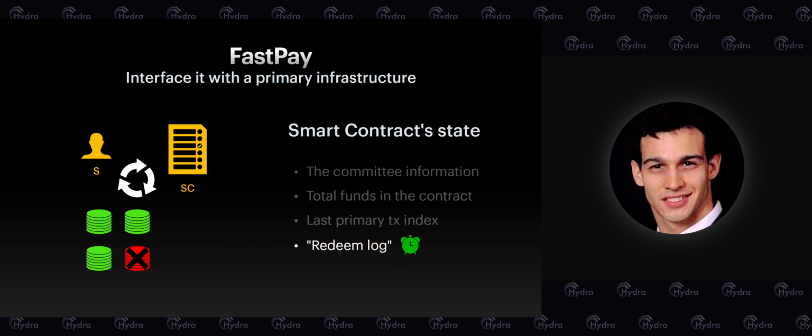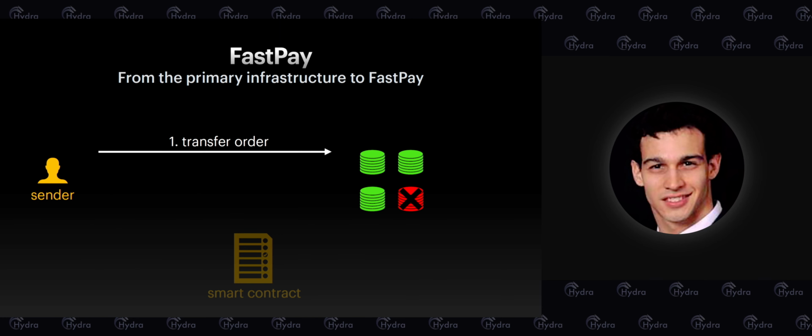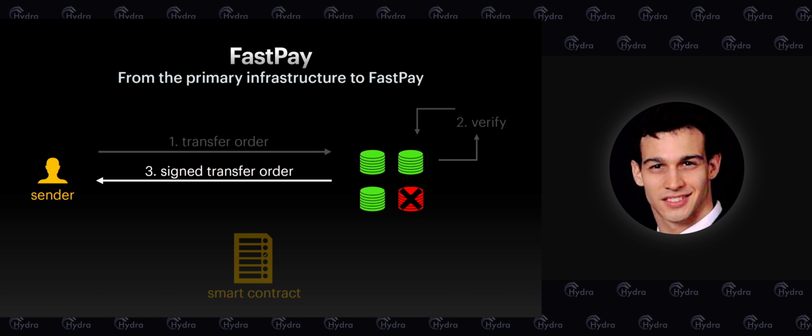So now, to interface it with the primary infrastructure, again, the smart contract also needs a redeem log. So the redeem log is for the other operation, to send money from the side infrastructure, FastPay, back to the primary infrastructure. So this is the first step here, right? As I mentioned, we send a transfer order, we verify, and now we need to send back a signed transfer order to the sender.